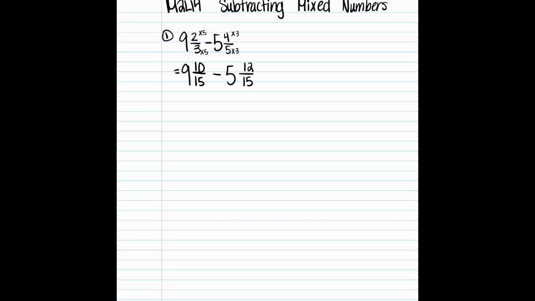So I'm looking at 9 and 10 fifteenths minus 5 and 12 fifteenths. Now, I cannot take 12 away from 10. Therefore, I am going to have to borrow. So I'm going to go ahead and just write this as a note. I cannot take 12 fifteenths away from 10 fifteenths.